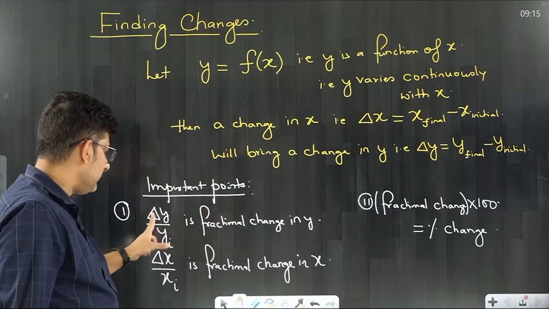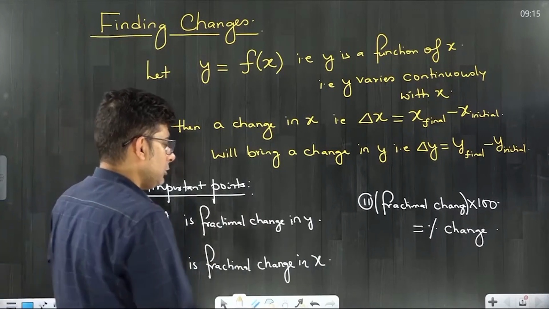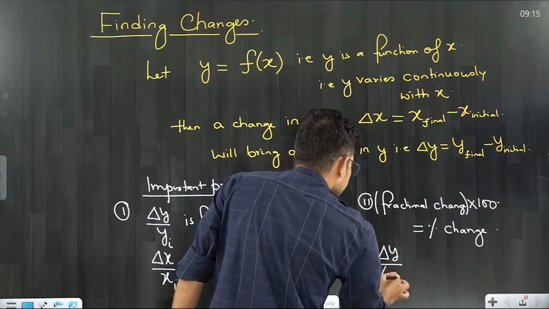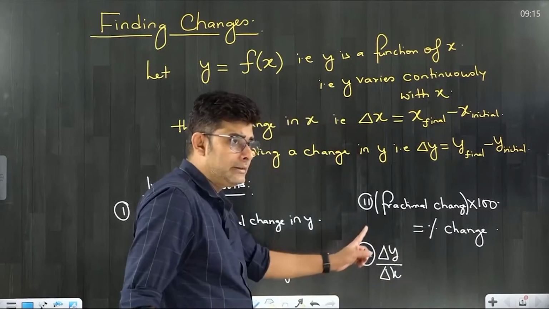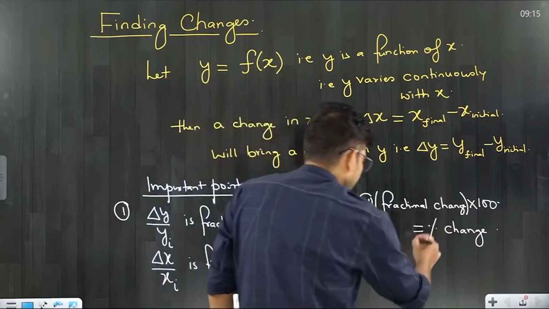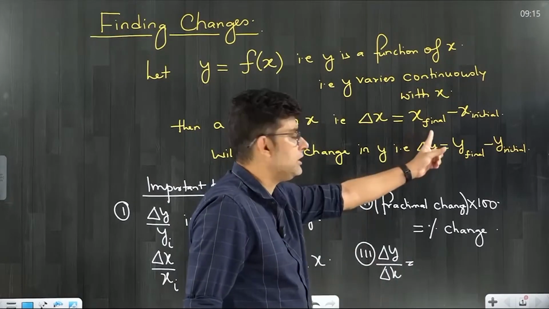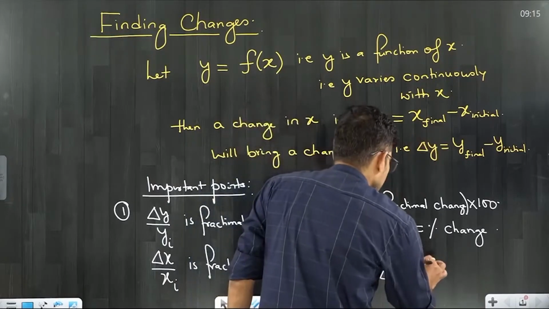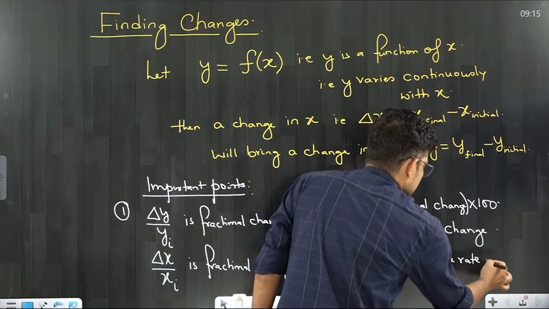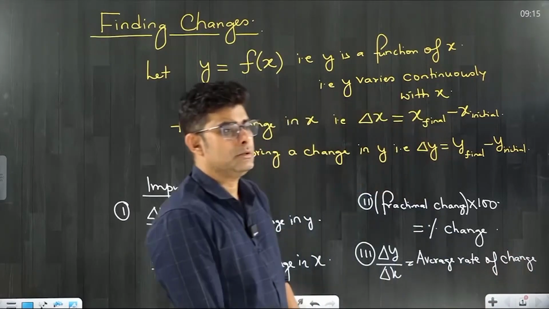There is a difference between fractional change and rate of change. Remember this thing. When we talk of delta y by delta x, it is change in y by change in x, so it is a rate of change. And which type of rate of change is it? Since you are finding for a particular interval of x from x initial to x final, this we call average rate of change.